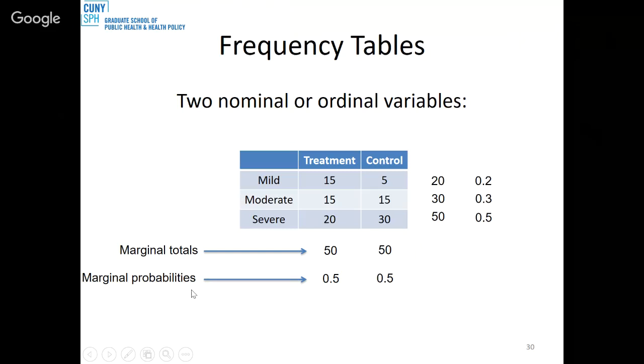These are called marginal probabilities, for the same reason that you write them in the margin, except they're probabilities instead of totals. On the other margin here, we have the probabilities. You have a 0.2 or 20% probability of reporting mild pain, 0.3 or 30% probability of reporting moderate, and 0.5 or 50% probability of reporting severe pain.